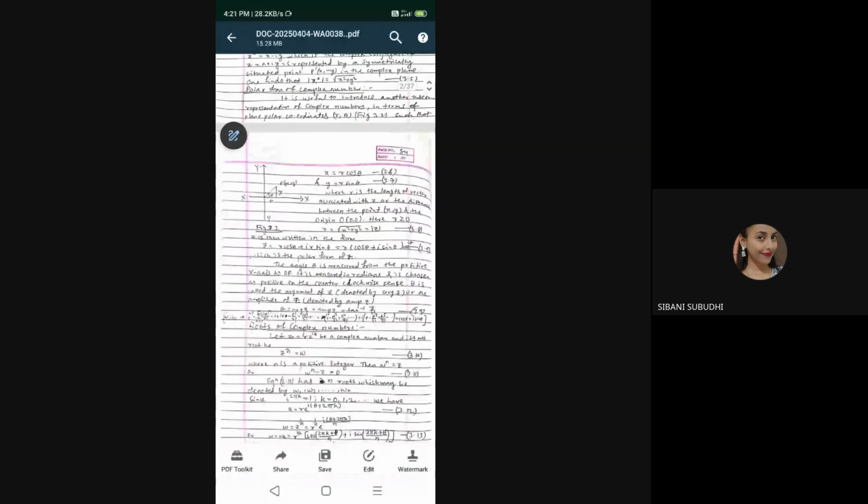Theta is also popularly known as the argument of z, or you can write it as arg z. And the amplitude of z is represented by the same. So theta is nothing but arg z or amplitude of z, or tan inverse y by x.